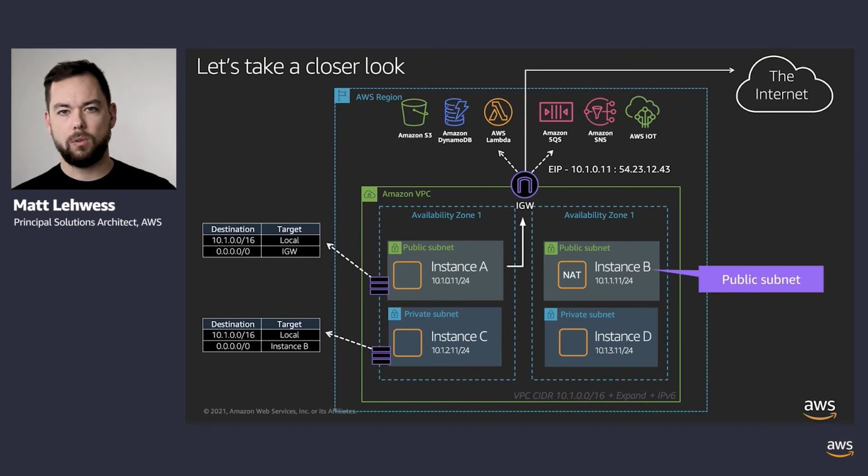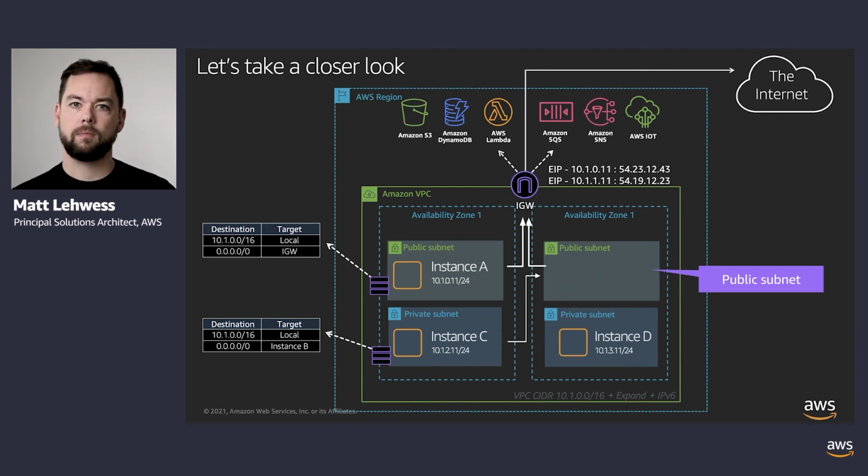And so what we might do is run a NAT instance, which essentially has some iptables rules to do network address translation. We assign another IP to that network address translation instance, or NAT instance. And now we're sending traffic to the public internet. But what we've done is instance C doesn't have direct public access so that the public internet can't directly reach instance C, whereas instance A does because it has that elastic IP assigned to it directly.